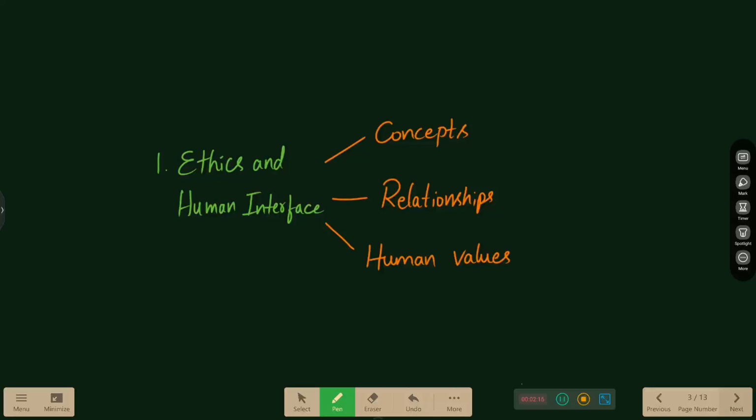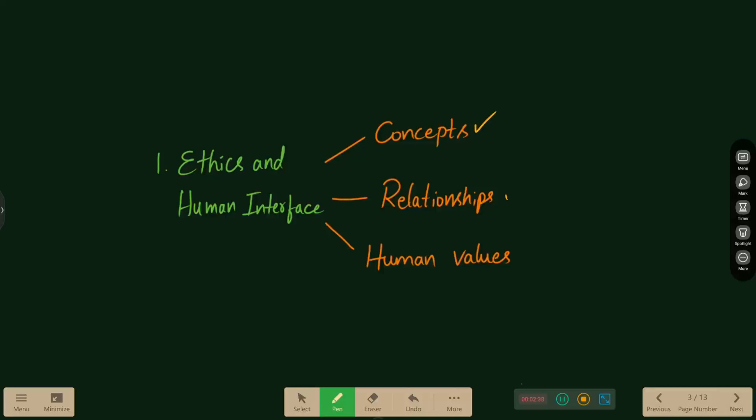What is the importance of ethics in human life? And what is the role of ethics in human action? That means, what will be the consequence if you have ethics, and what consequence will you see in human action if you don't have ethics? This is the first point.